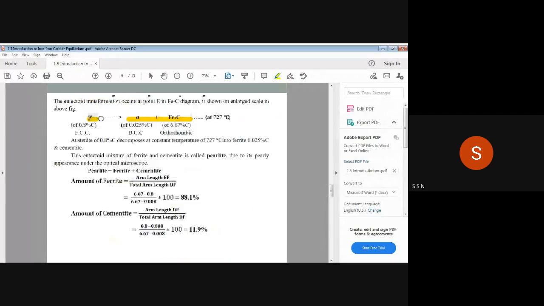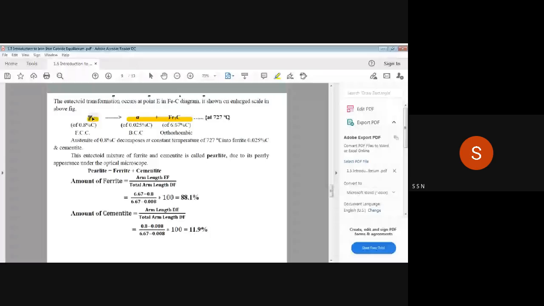Here we write the same reaction in the opposite direction. Whenever we are cooling, gamma austenite will give you two solids, alpha ferrite plus Fe3C cementite. Fe3C is called cementite, alpha is ferrite, and gamma we are calling gamma austenite.